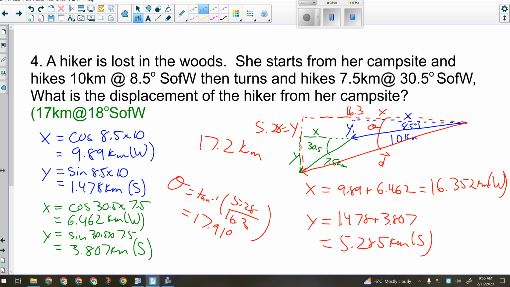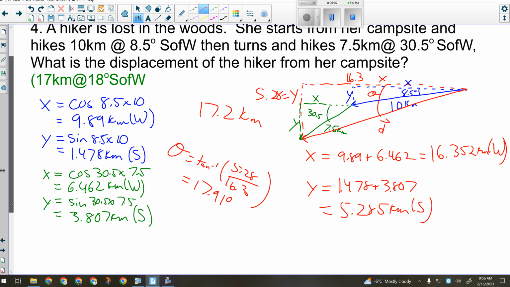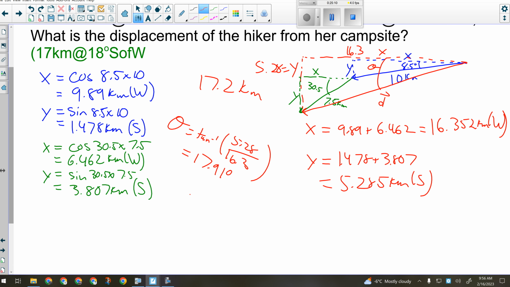Right? And now I've got to do significant digits and final answer with directions. So I have 2 significant digits in that question. So we'll be looking at 17 kilometers at 18 degrees south of west, or at 72 degrees west of south.